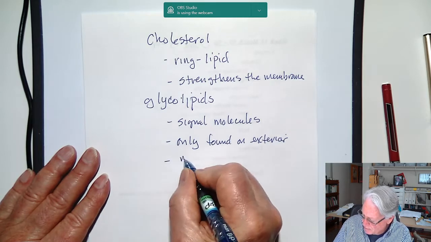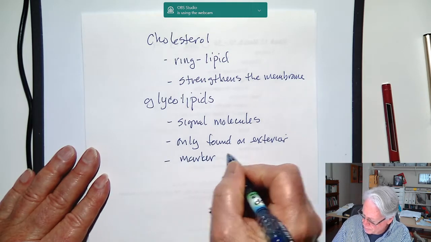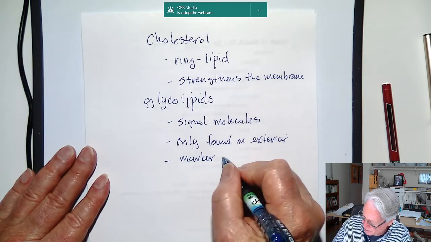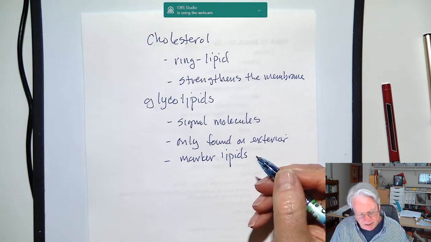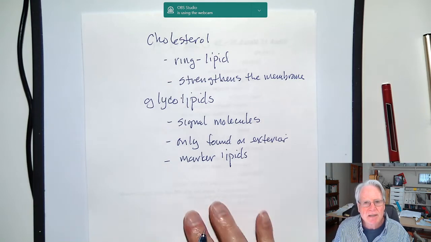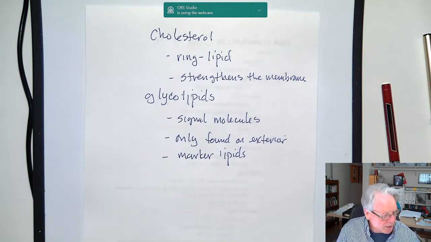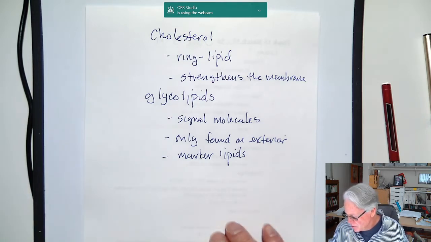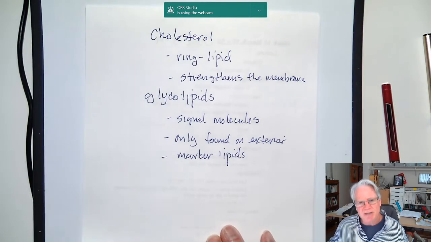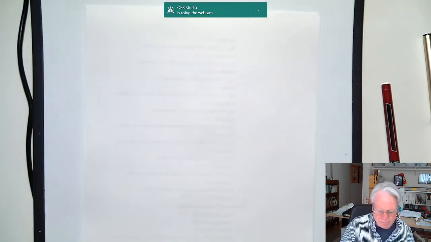And they are kind of marker lipids. They allow your cells to identify themselves to such things as the immune system and so forth. And so it's one way of making you a unique individual, as to what type of glycolipids are found in your membranes.